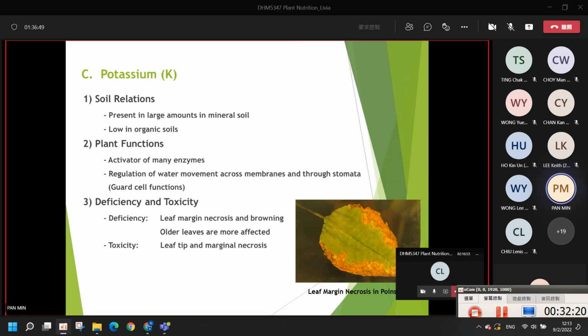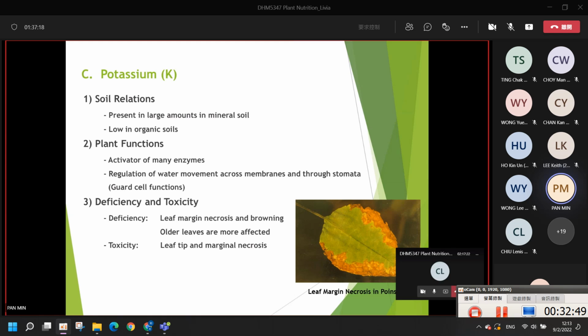Often, potassium deficiency symptoms first appear on the older leaves because potassium is a mobile nutrient, meaning that the plant can allocate the potassium to younger leaves when it is potassium deficient.